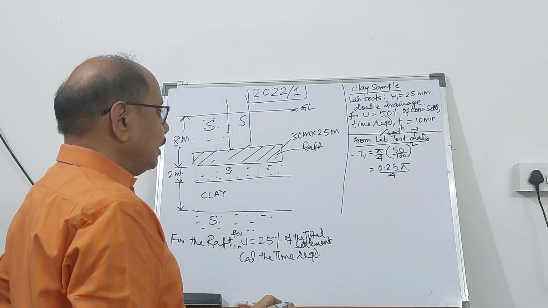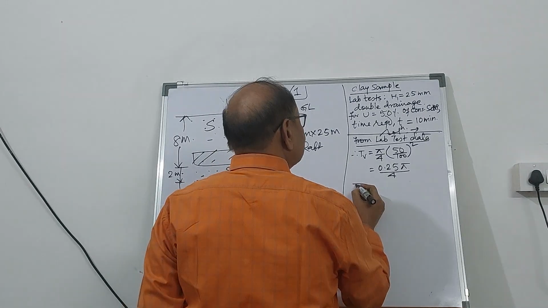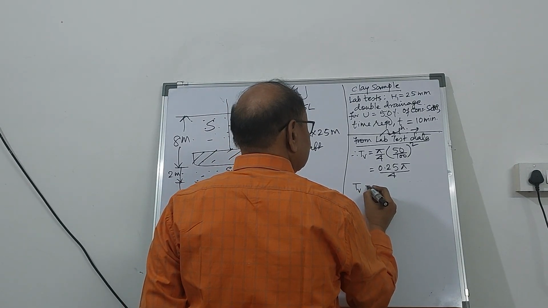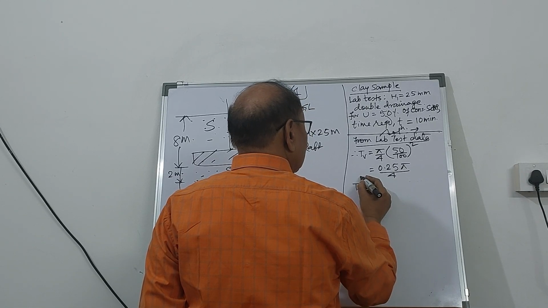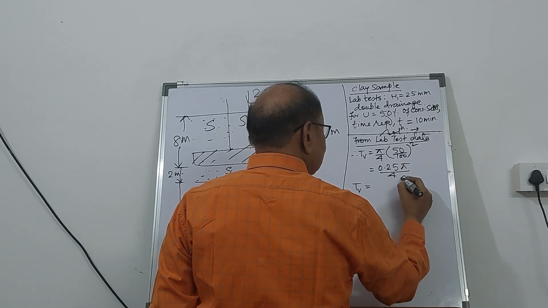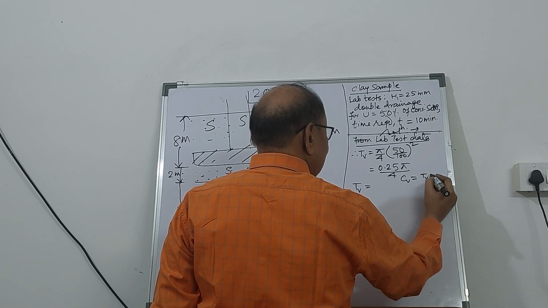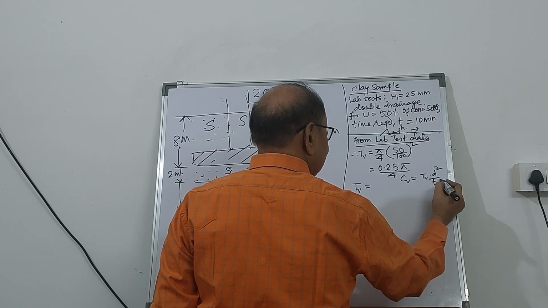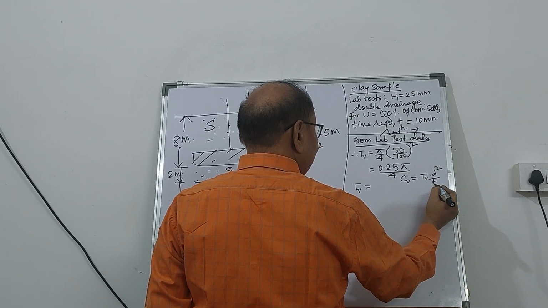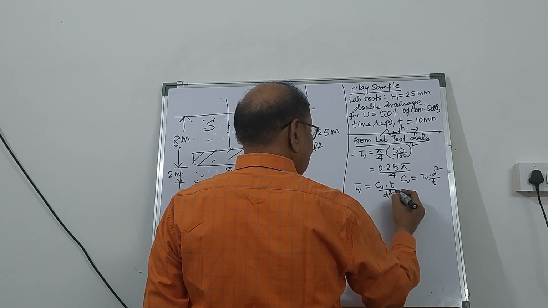Time factor. Now you know that time factor TV is known to you from the relationship that CV equal to time factor into d square divided by t. So TV will be CV into t by d square.